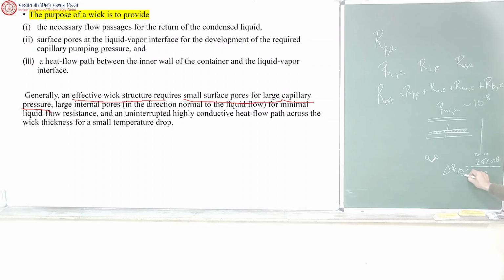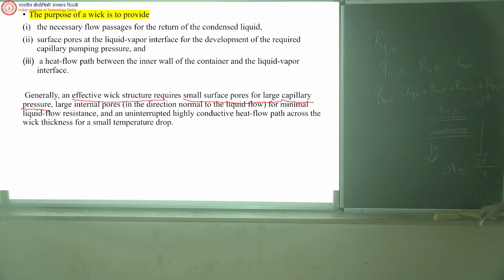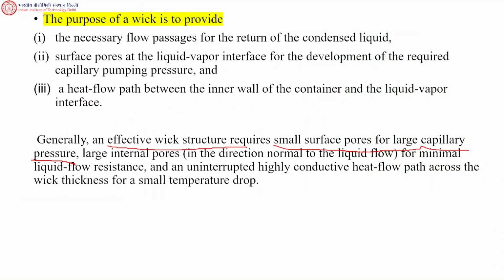But since we are writing maximum, we'll write this as just 2 sigma by r. What is r? R is just this radius, the radius of the pore. R is not the radius of curvature in this case. Right? Okay, so 2 sigma by r. So if you give small pore, then you are increasing the delta P that you can generate. Fine?